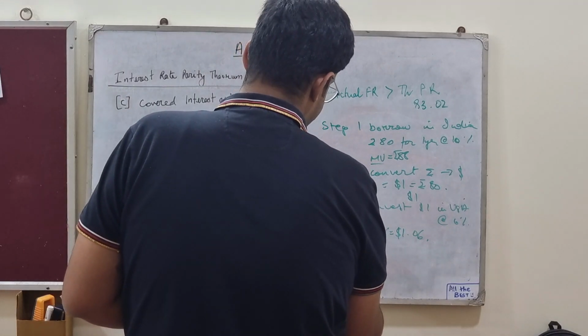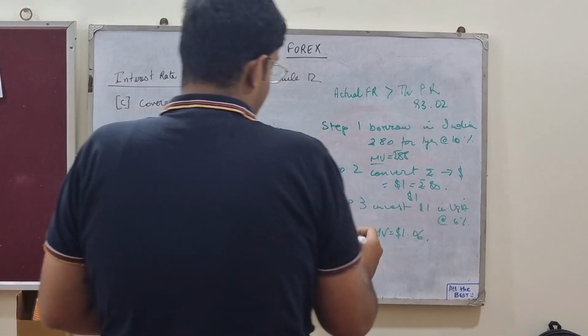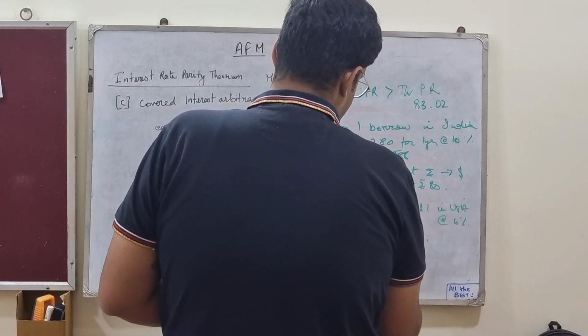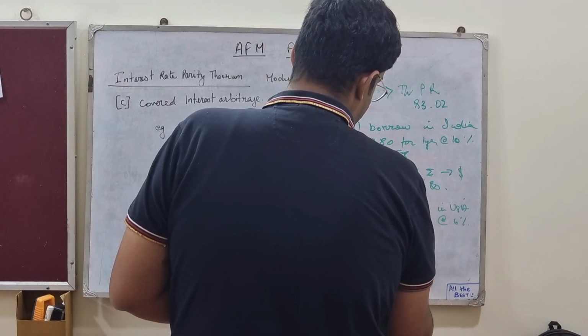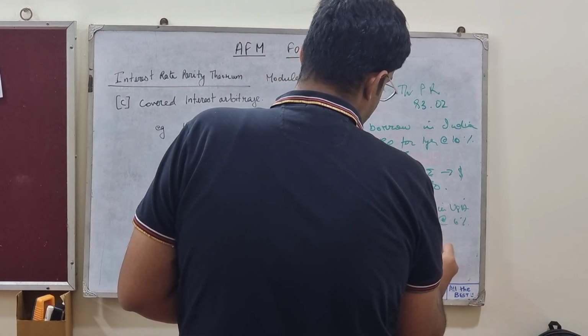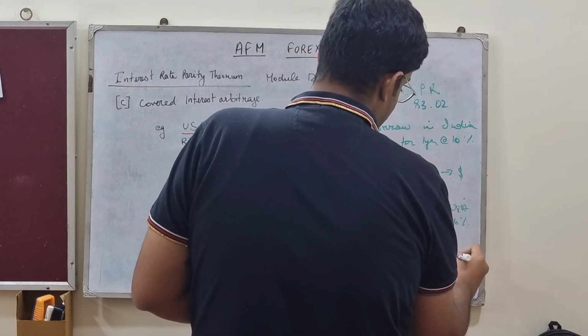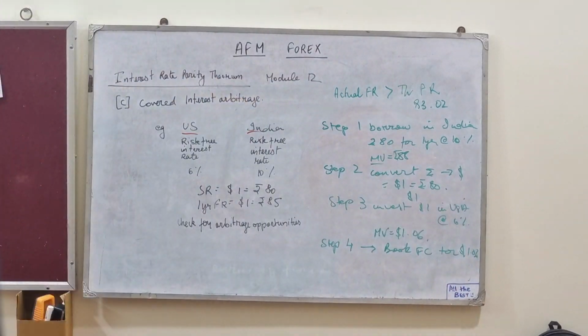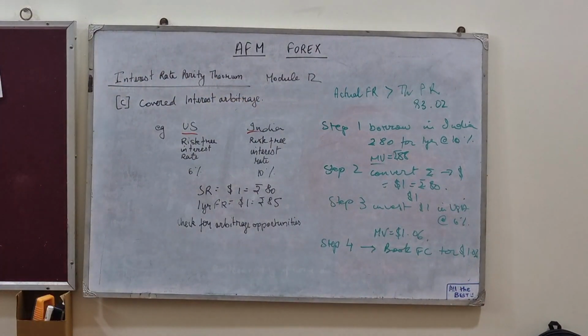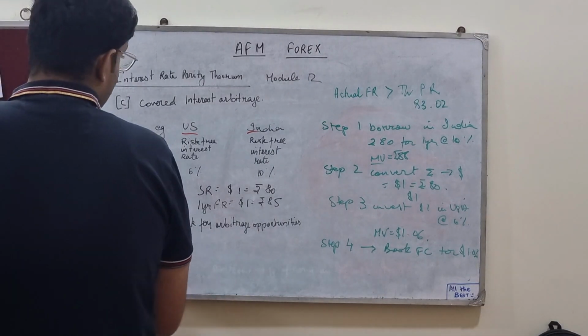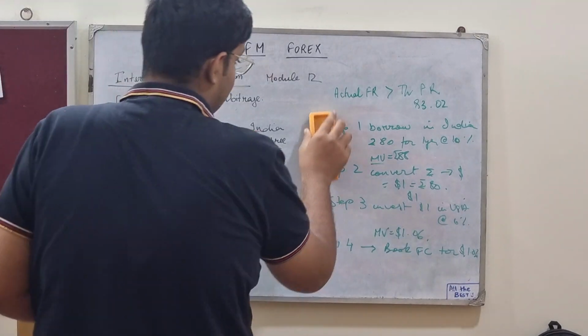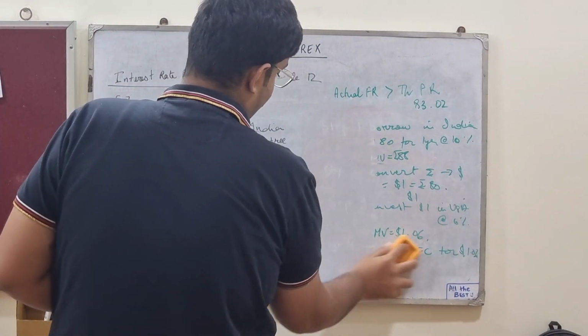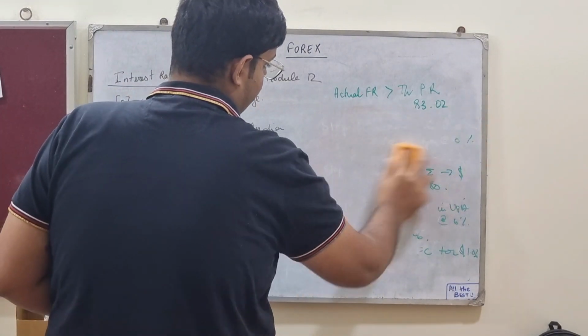Step 4 would be book a forward cover for $1.06. All of these steps have to be done today, and then the next 3 steps have to be done on the due date.